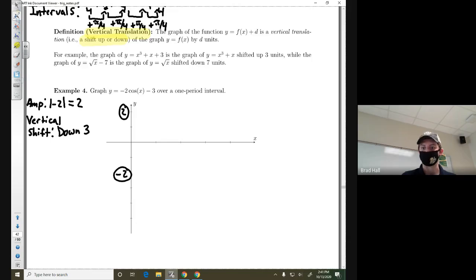So now that we're shifting down 3, these amplitude values that we just found, guess what? They both go down 3. So 1, 2, 3. So what value is that? That's -1. And then 1, 2, 3. It's -5. So that's our new valley and peak values, lowest point and highest point. So I'm going to go ahead and erase the original amplitude.